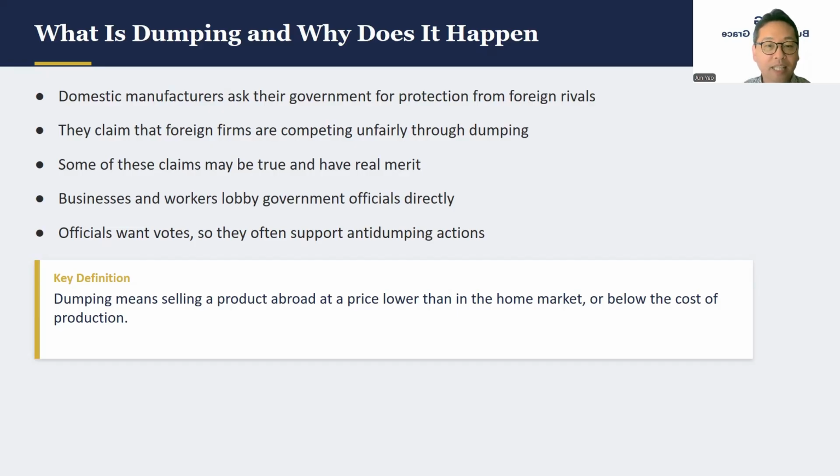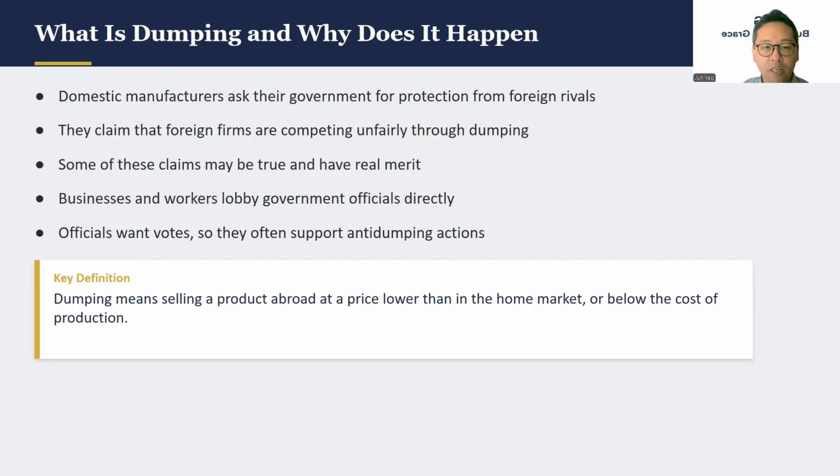Now, some of these claims do have real merit. Foreign firms sometimes do dump products to push out local competitors, but this process can become political very quickly. Business owners and their employees lobby government officials. They ask officials to protect domestic jobs.